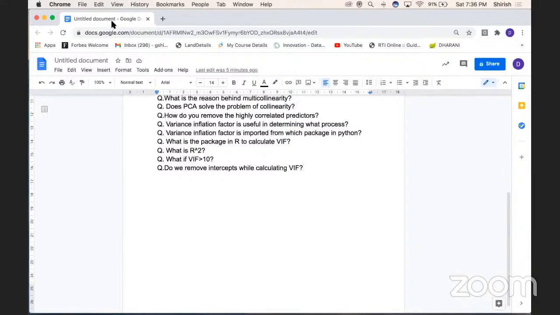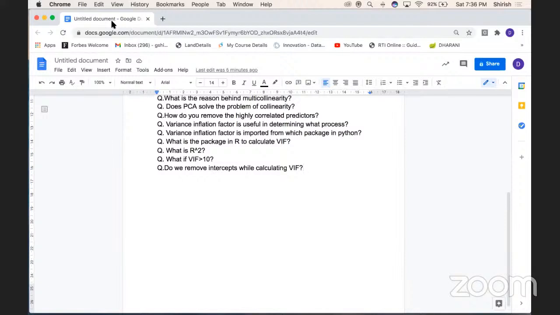Then you go for a calculation of variance inflation factor, so you will come to a conclusion that the multicollinearity problem exists. If your VIF value, as we have just discussed, is less than 10, there is no multicollinearity problem.